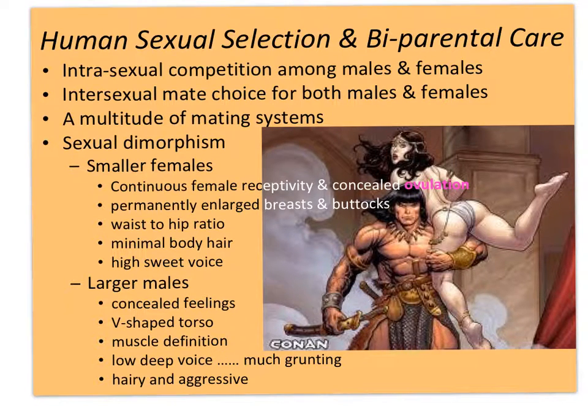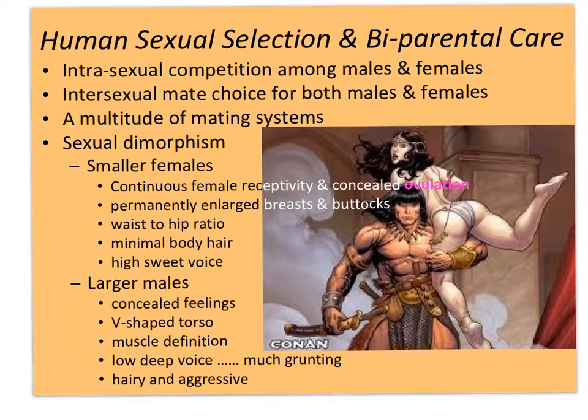Females are usually continuously receptive for sex. That's unlike most other female animals that only come into reproductive condition once a year. Like those female elk, they only enter estrus once a year in the fall.